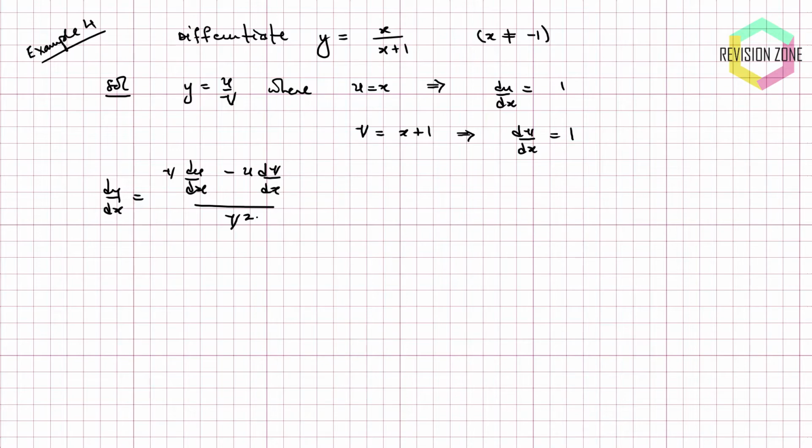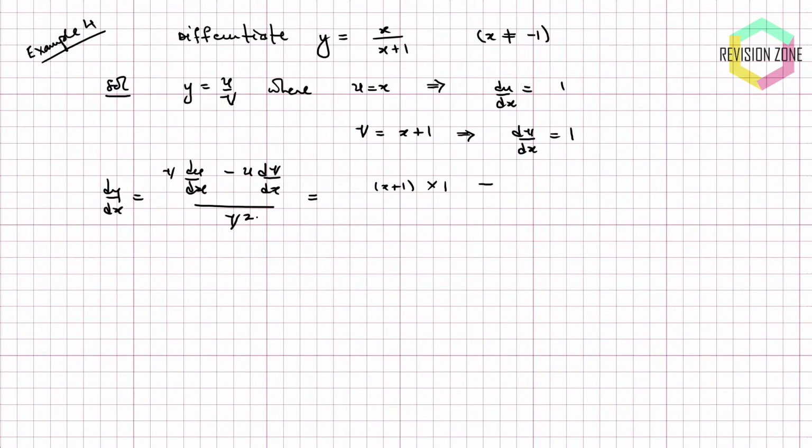Once we have that, it's just a matter of going back to the formula for the quotient rule and substituting all of these expressions in. Let's do that directly. My v is x plus 1, right? We can see that directly from here. My du by dx is just 1. The minus sign has to come along.